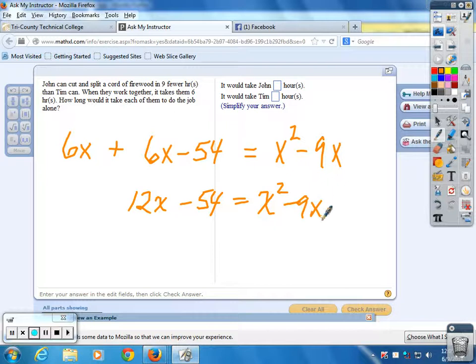Well, I'm not going to mess with that x squared because it's positive. If it ain't broke, don't fix it. Leave that x squared alone. Take everything else over on that side. So that's going to be 0 is equal to x squared minus 9x minus 12x is negative what? 21x, Hubert.